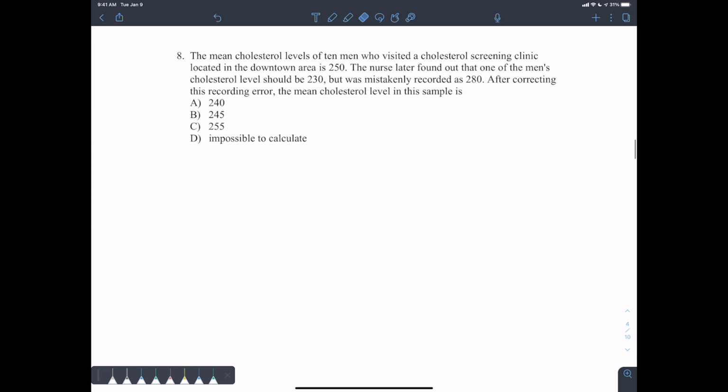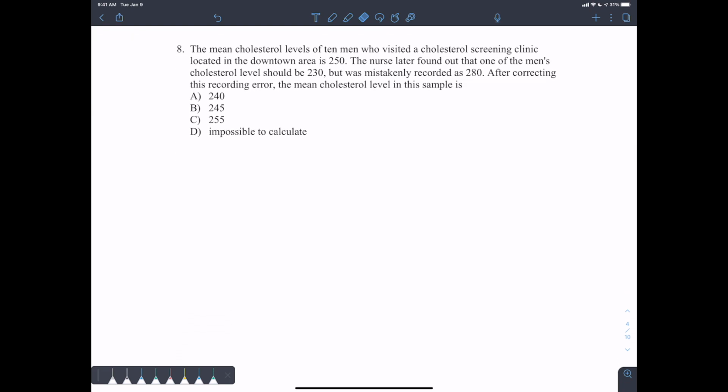8, the mean cholesterol levels of 10 men who visited a cholesterol screening clinic located in downtown area is 250. So the mean of 10 men is 250. They found out that one of them reported a level of 280, but it's actually 230. So they reported a level that is 50 points higher than it should be.